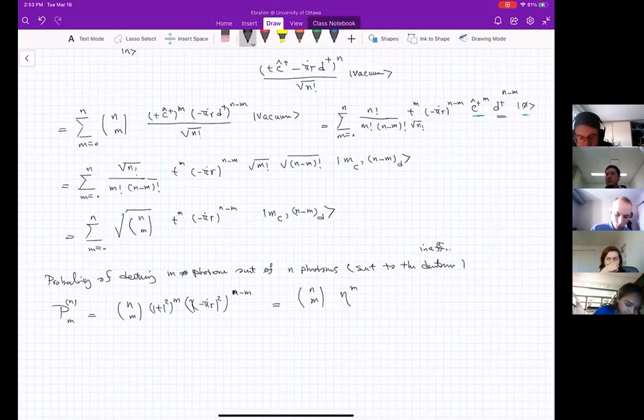And the other one, the square modulus of minus i is 1, and r squared is equal to 1 minus eta, to the power of n minus m. Okay? So that's the probability that you will get m photons, if your detector is a photon number resolving detector, m clicks out of sending n photons.